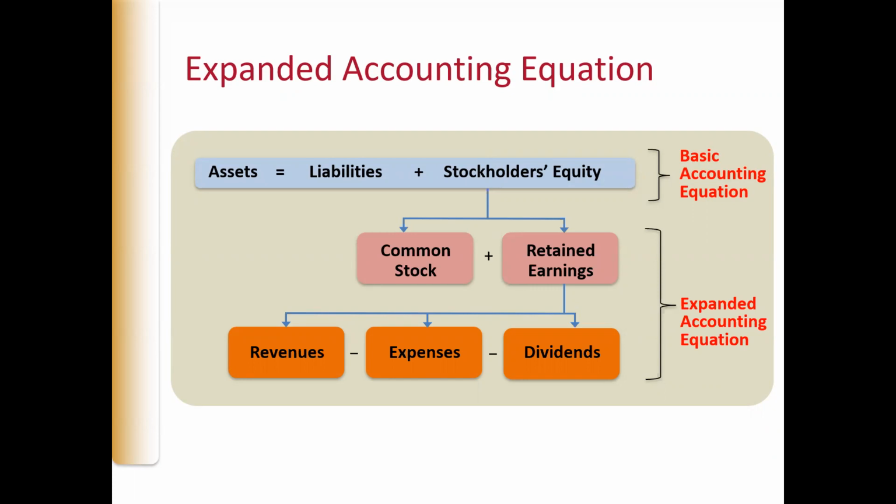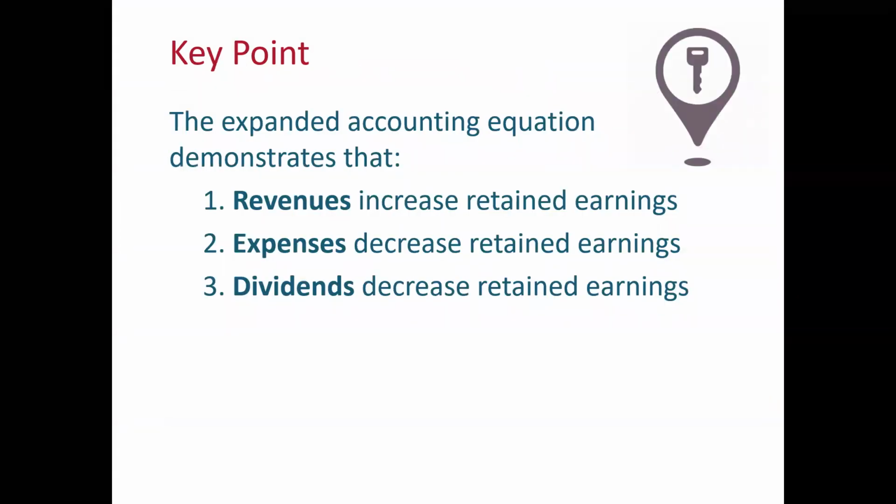What we're going to do here, instead of just talking about assets and liabilities, is take it one step further. When we start having transactions, we know that revenues increase retained earnings, expenses decrease retained earnings, and dividends also decrease retained earnings.